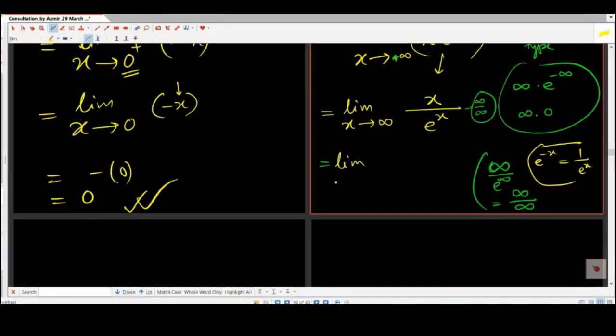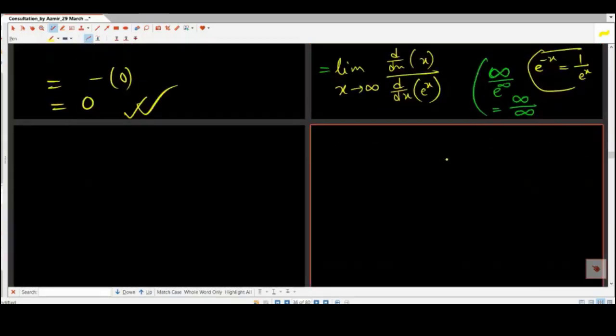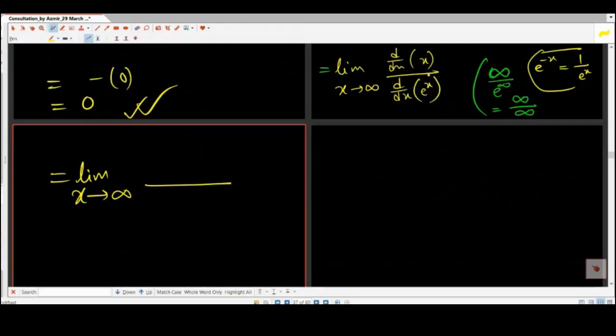So limit x tends to infinity, differentiation of x, differentiation of e to the x. Limit x tends to plus infinity, differentiation of x is 1.